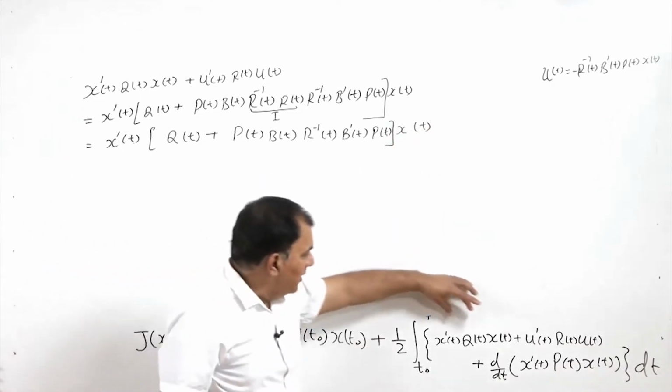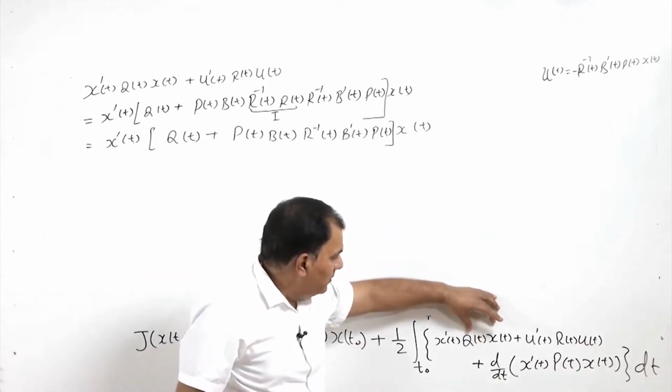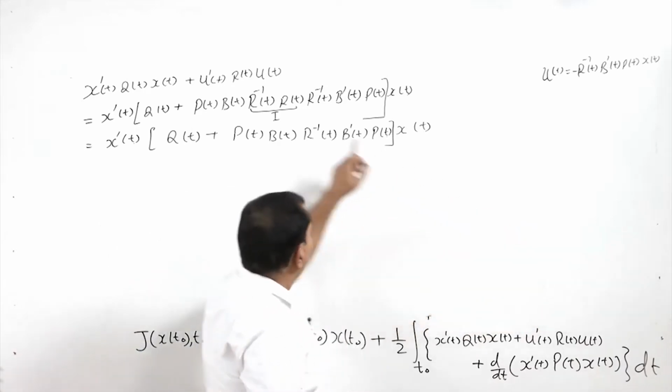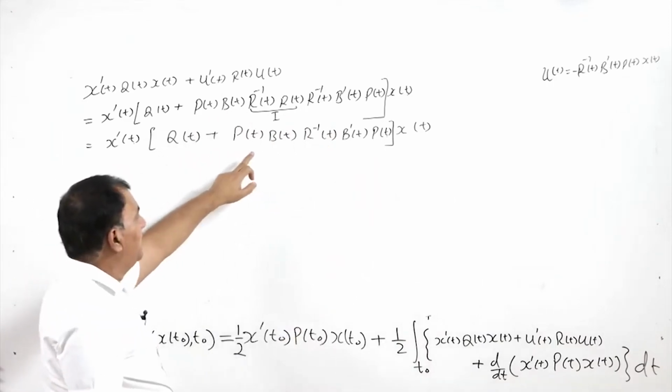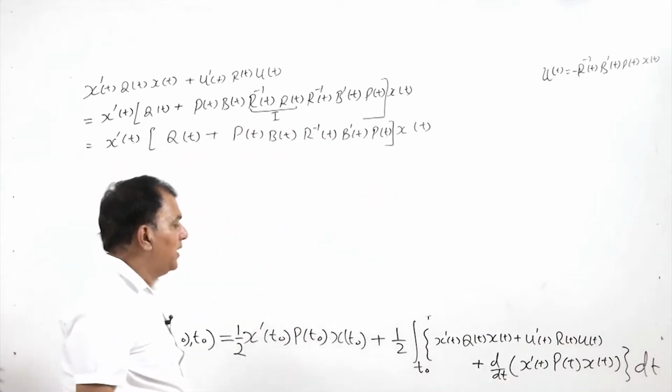So the first two terms, x prime Q x and u prime R u, I can write in this form: Q(t) plus P B R inverse B prime P.